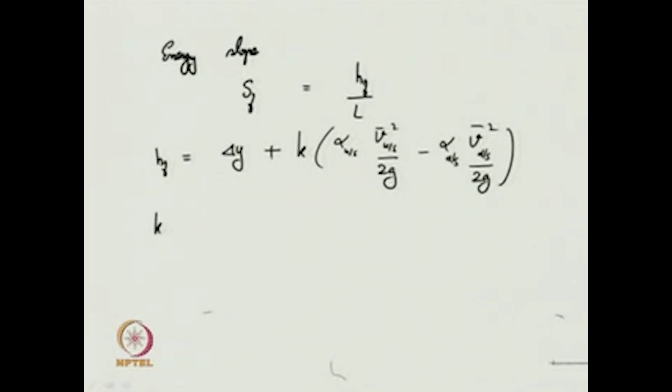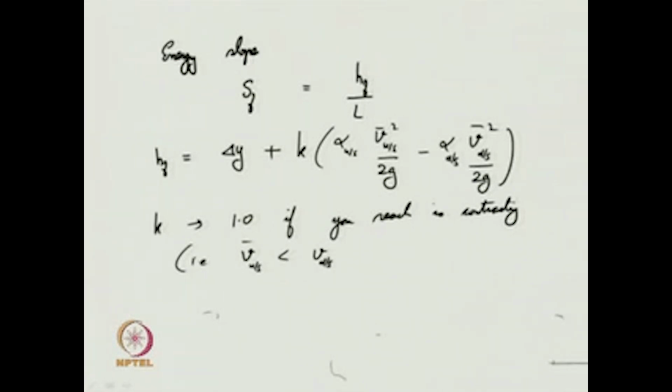This k factor is an empirical factor, obtained from various experimentation. Various scientists have suggested that k can be given as 1 if your channel reach is contracting. If your channel reach is contracting, that means V upstream is less than V downstream, in that case you can take k equal to 1.